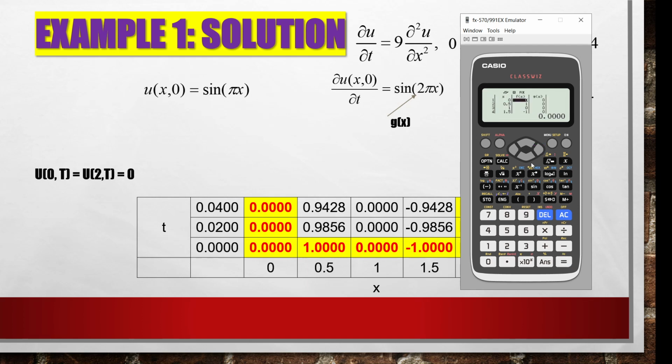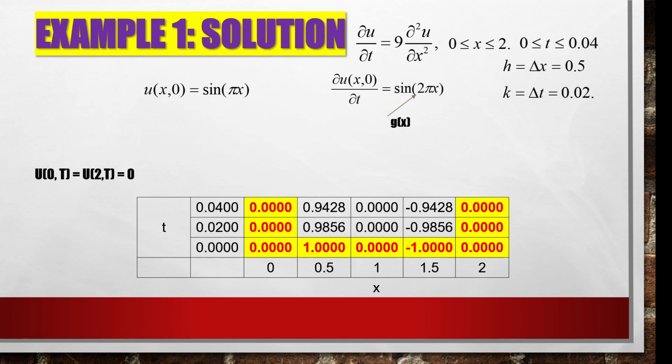So you have 0, 1, 0, -1, 0. So you got 0, 1, 0, -1, and the last one is 0. So you see the initial condition and the boundary condition at the intersection point must be the same value there.